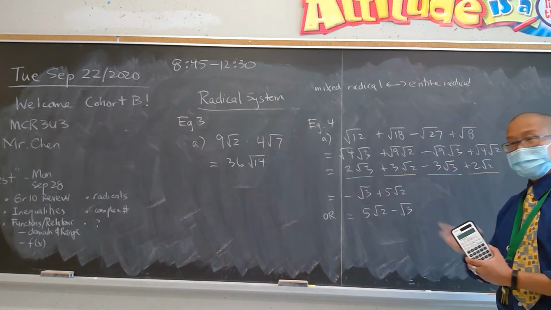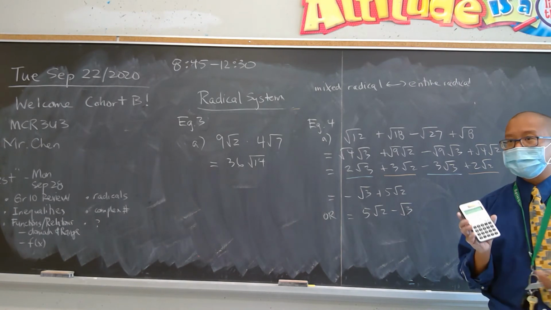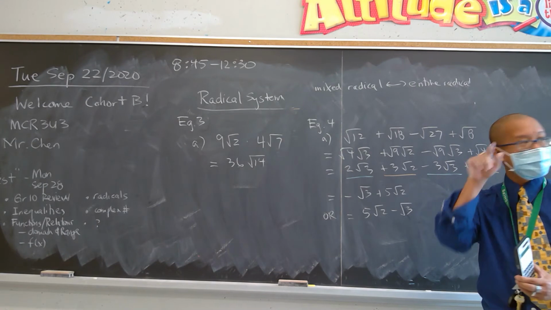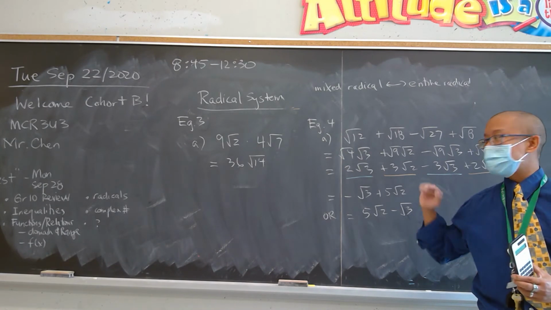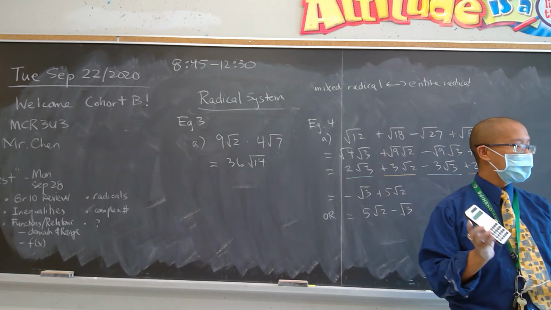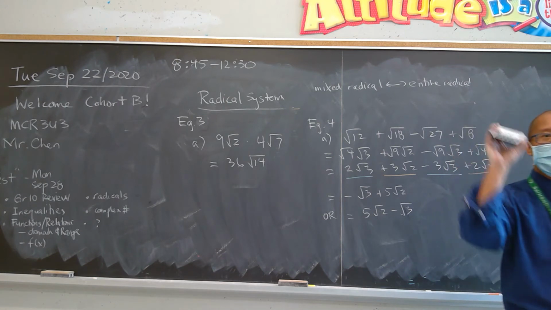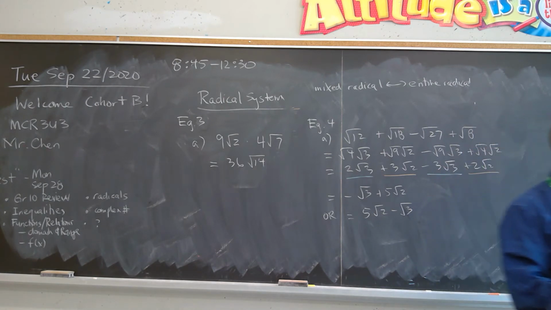It's not saying you can't check your answer though, right? If you enter this in, you'll get a decimal answer. So you can verify your answers by checking the approximate answer, not the exact one, to see if it is correct. And that's how I would check my answer, just to make sure I did it right. Does that make sense? And if you want to know more, you can definitely ask me in extra help.